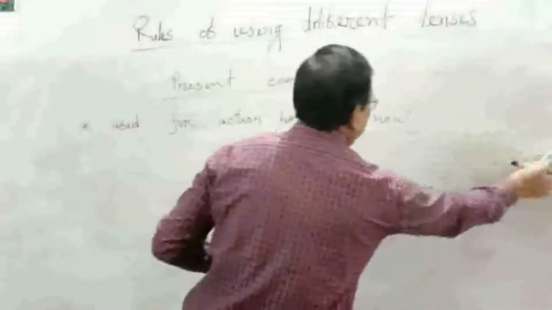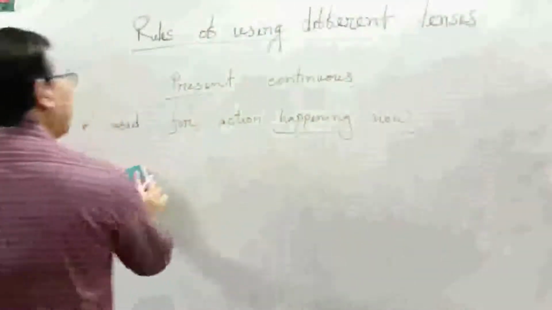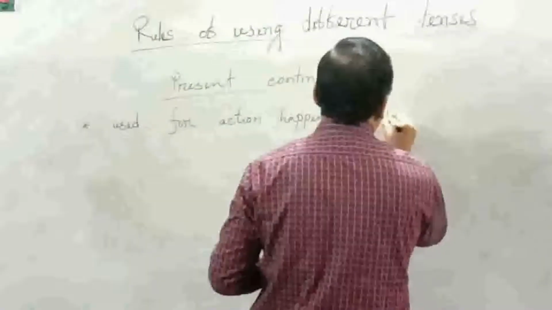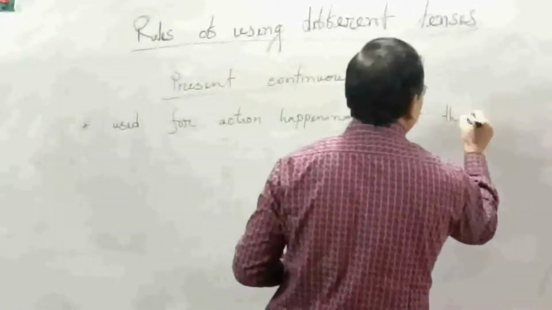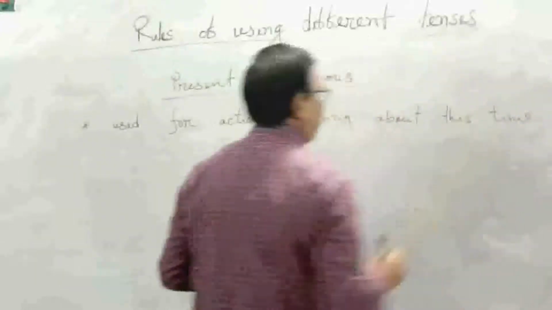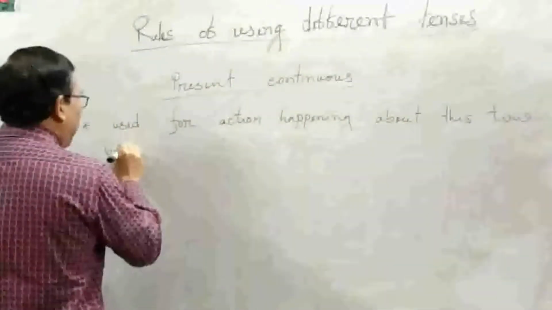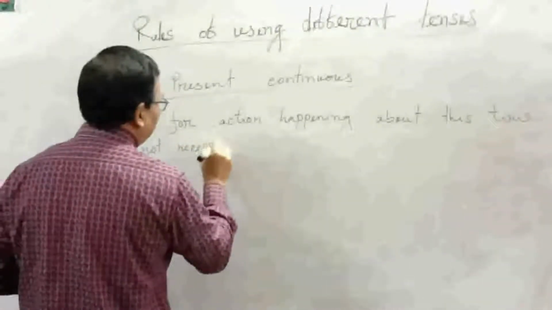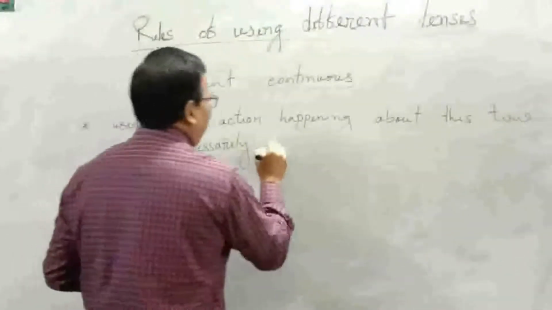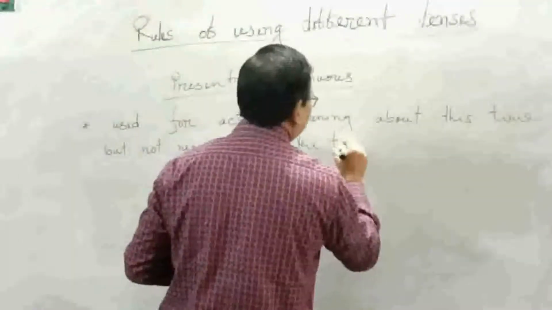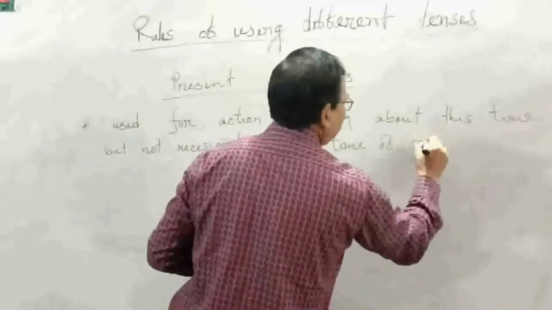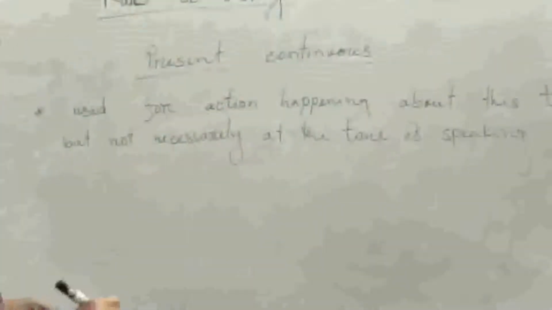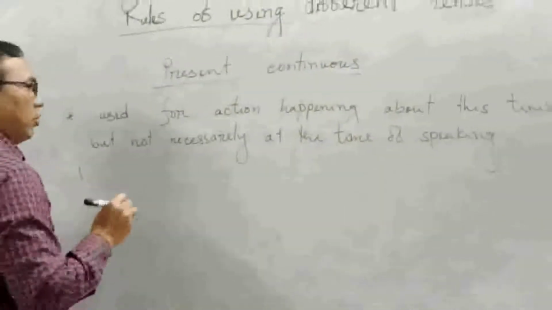Again, present progressive is used for an action happening about this time, but not necessarily at the time of speaking. I'm giving an example.